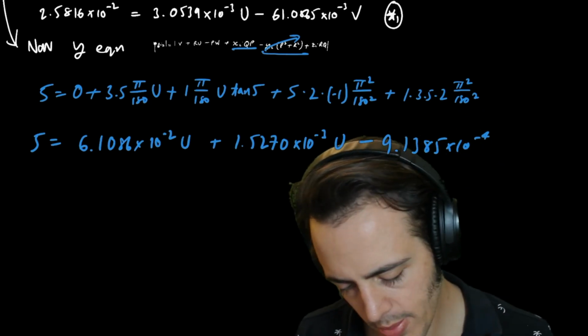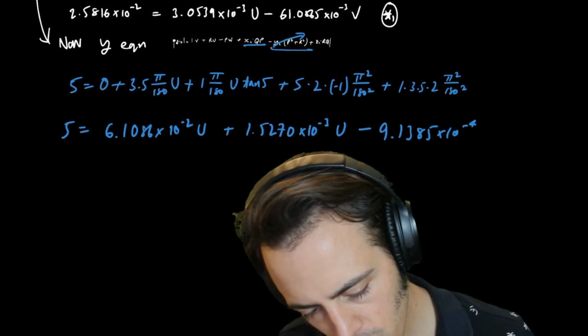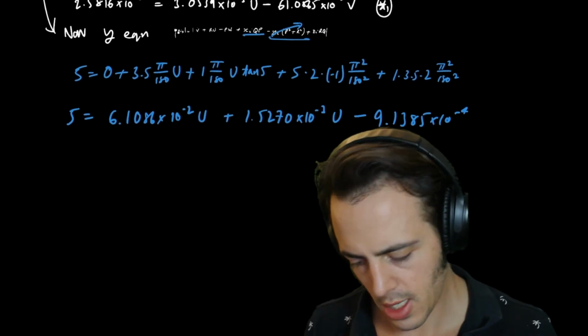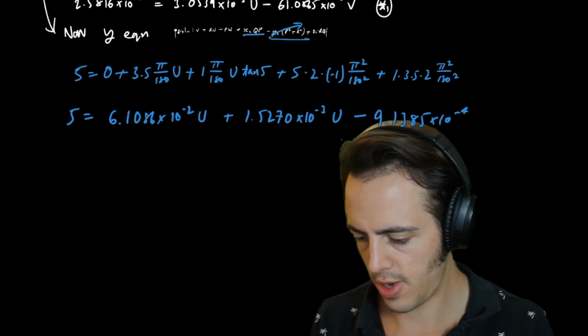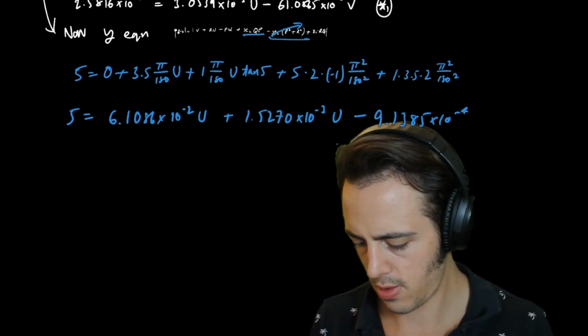So this is just an expression for u now, so I should be able to solve for u. So I'm going to get 5 plus that previous answer.